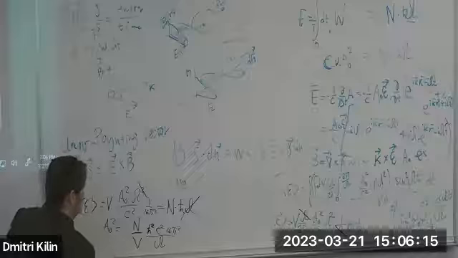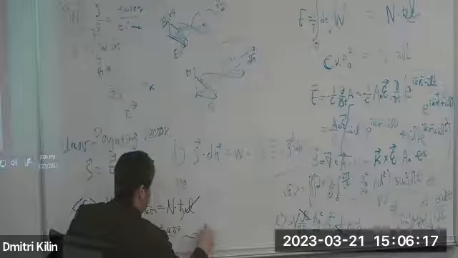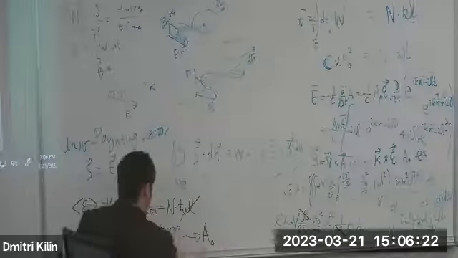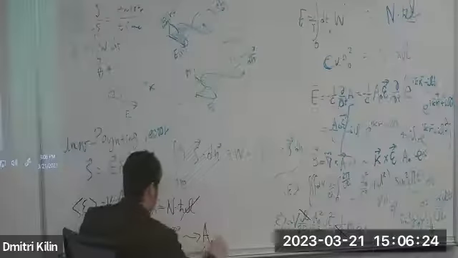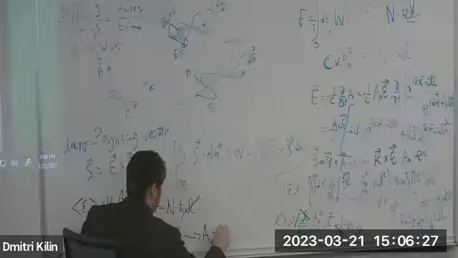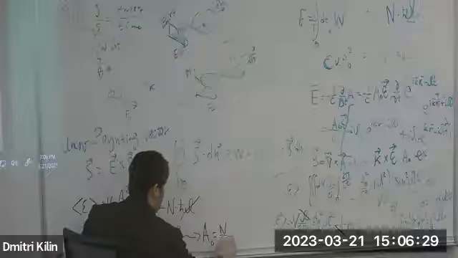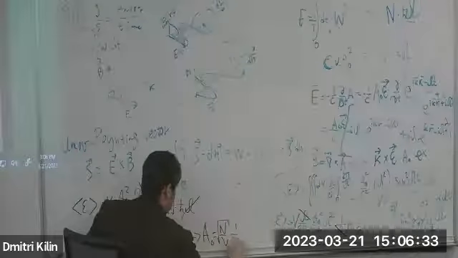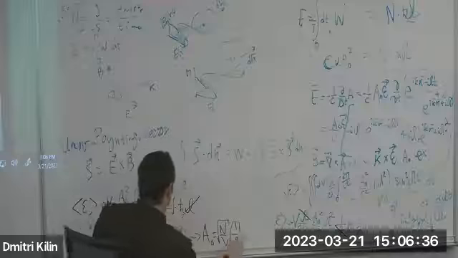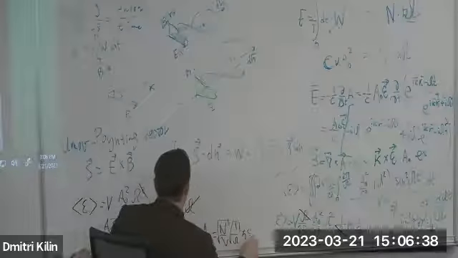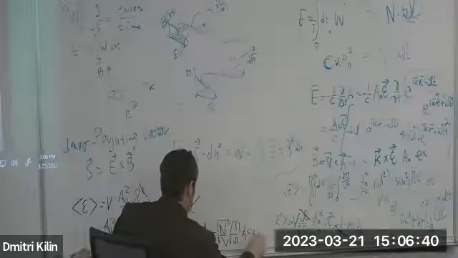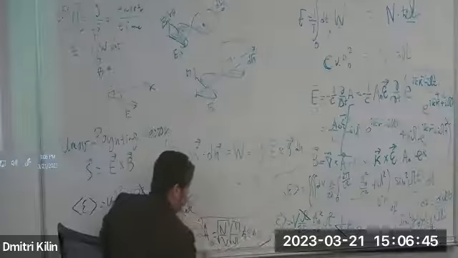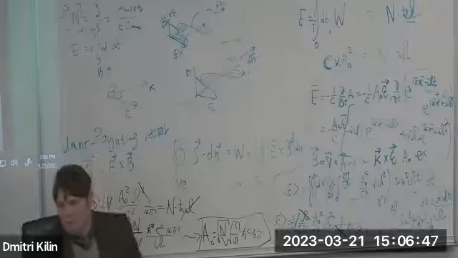And if we need an interpretation of the vector potential amplitude, we just take the square root of all this combination. So number of quanta per volume, inverse frequency, h bar c over pi.